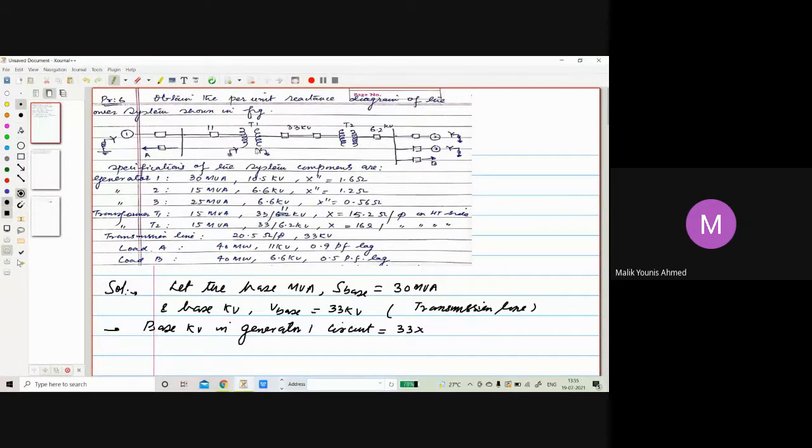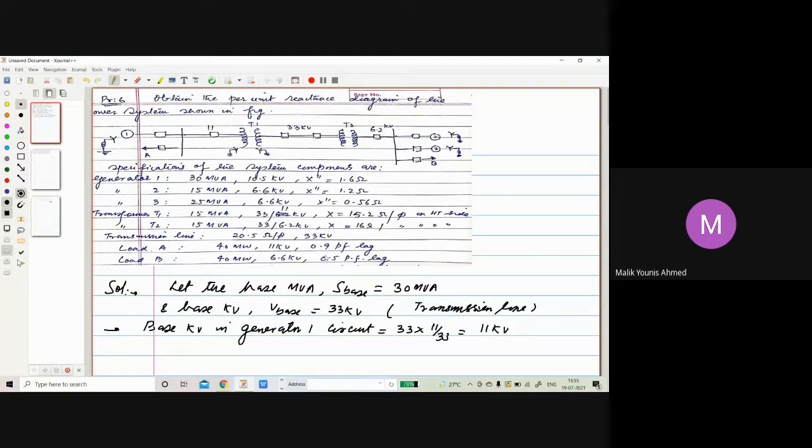So this side of T1 is 33, and this side is 11. So it will be 11 by 33, so that will be 11 kV. So on generator 1, the base kV is 11 kV.